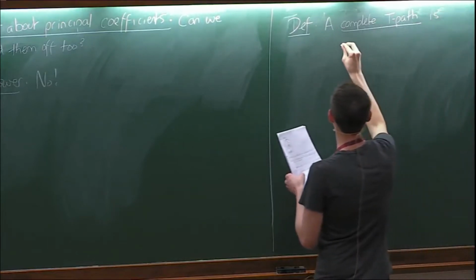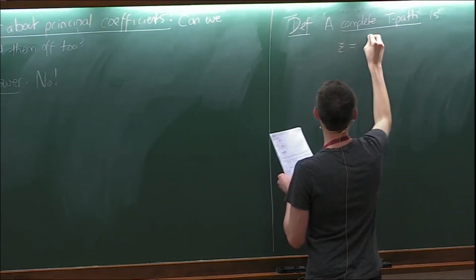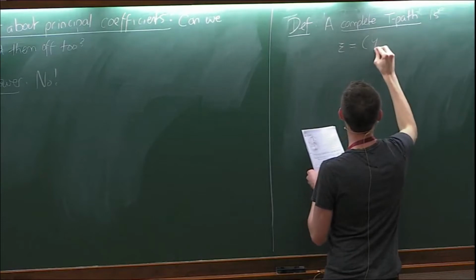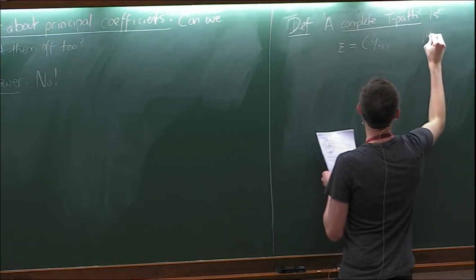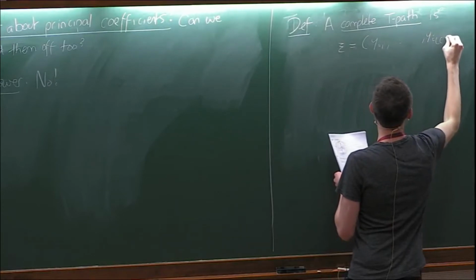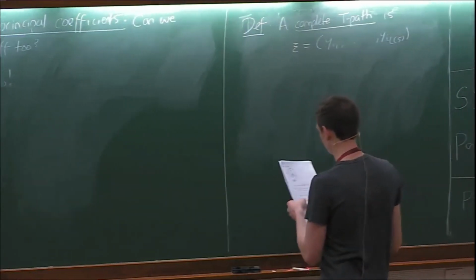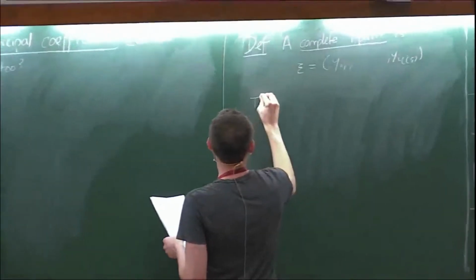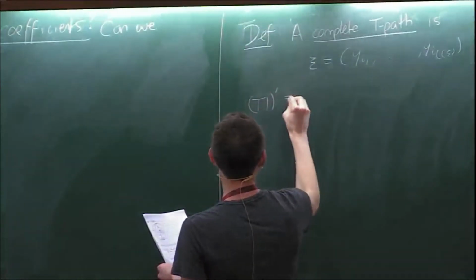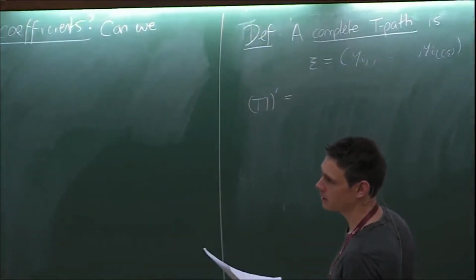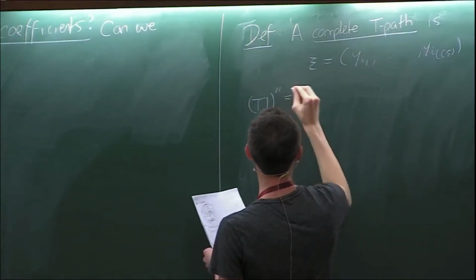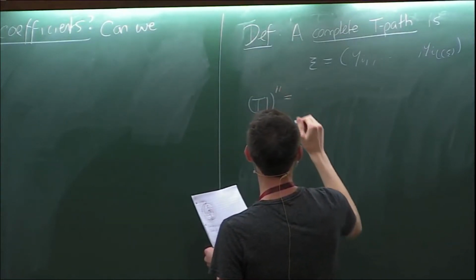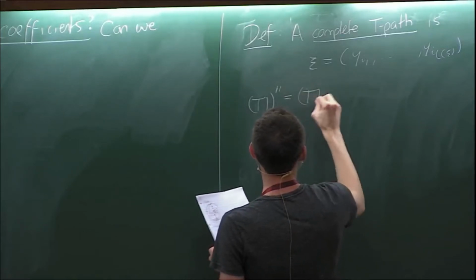So a complete t-path is the same kind of setup as before. It's some collection of arcs. And we want, in some sense, all of the axioms that we saw before. So T1 double prime is T1 prime.